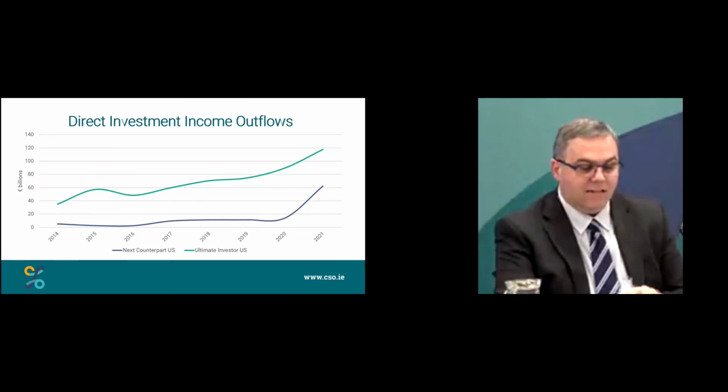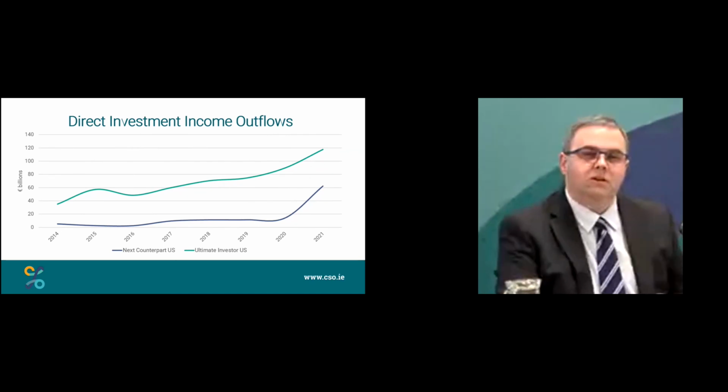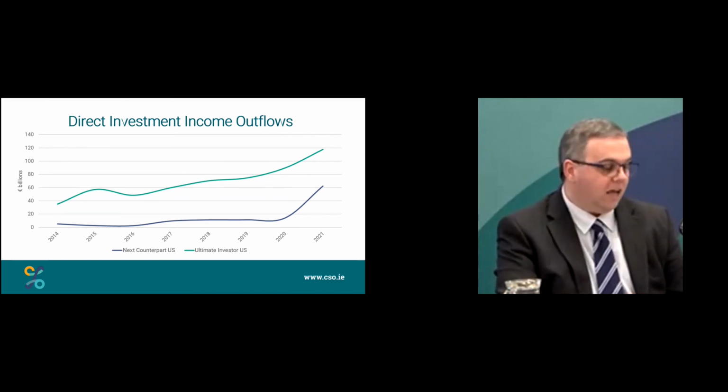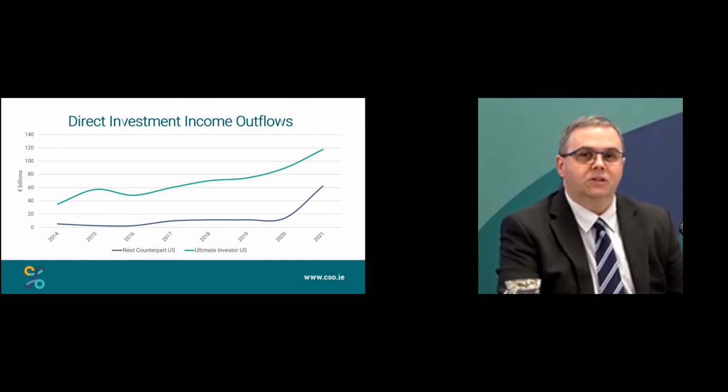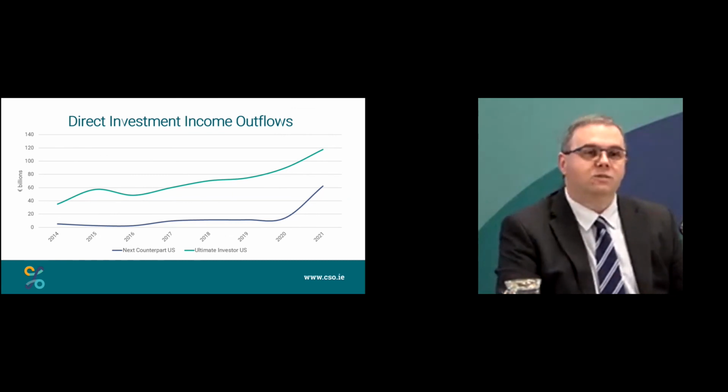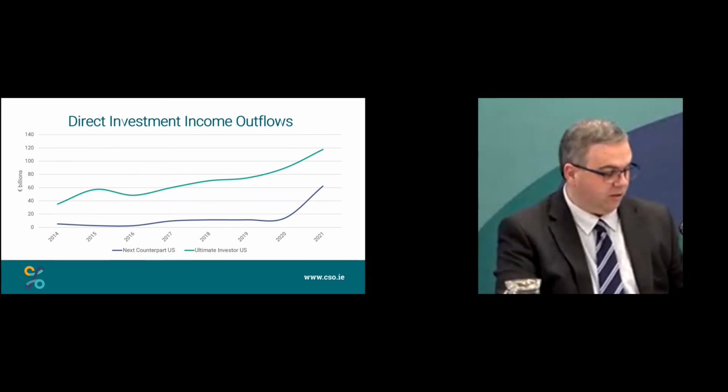And then looking at the income, usually when we talk about geography, we look at the next counterpart or immediate counterpart. But a useful concept in FDI in particular is to look at UCP, or the ultimate controlling parent, which is where we look at the geography of the ultimate investor or the ultimate controller of an enterprise.